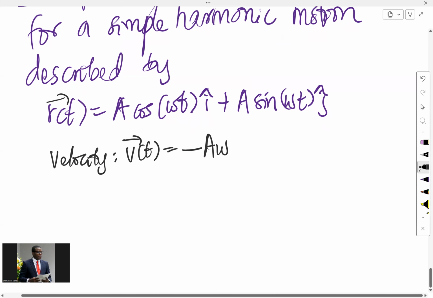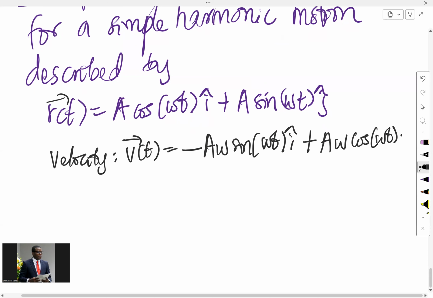So you get minus a omega sine omega t in the direction of i. Then differentiate sine, you get cos, that's still positive. So you have a omega cos omega t in the direction of j. So that is velocity.